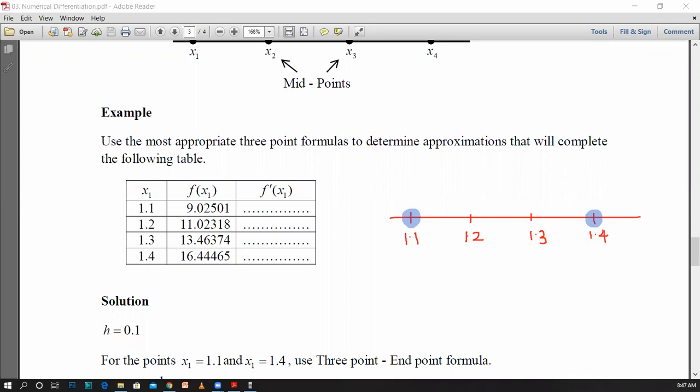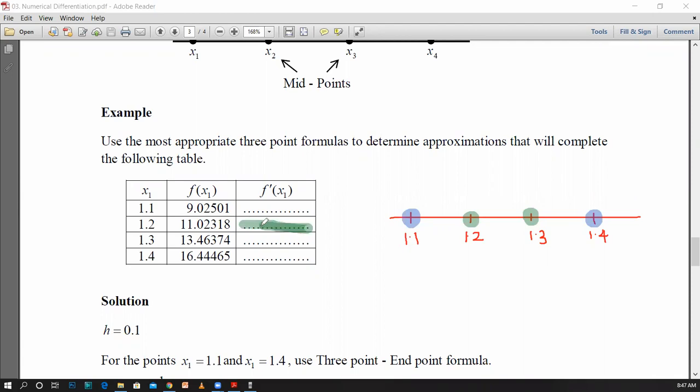And if you are using the midpoint formula, then you can use it to identify the values at the point 1.2 as well as the point 1.3. This is how we can apply these formulas to identify the values for f dash x.